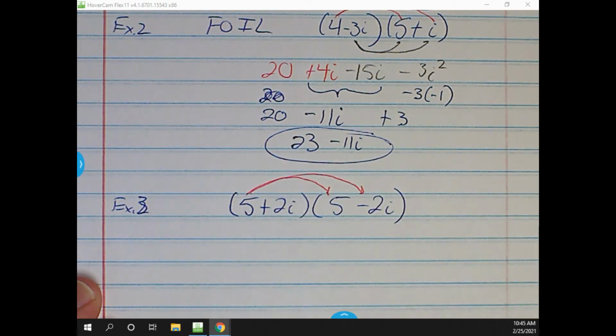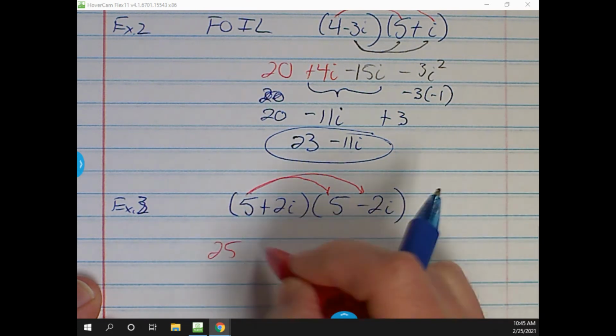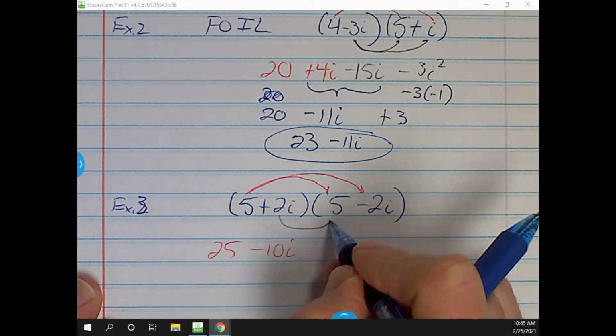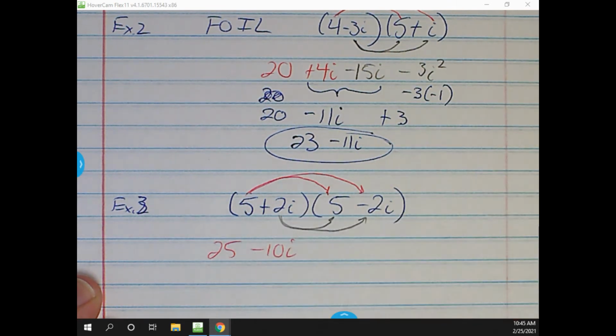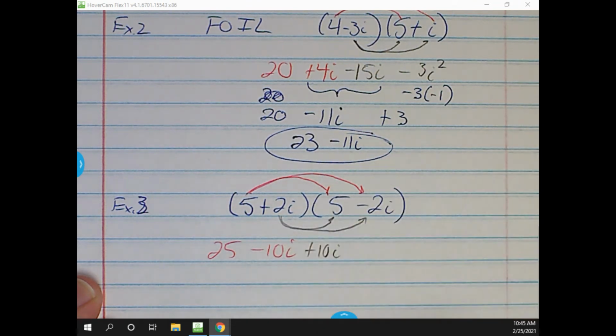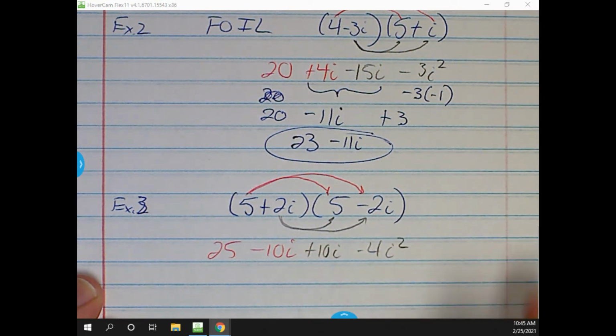So first thing is we've got 5 times 5 for 25. 5 times negative 2I makes it negative 10I. Then 2I times 5 gives a plus 10I, and 2I times -2I gives minus 4. And again, when we do I times I, that'll make it I squared.